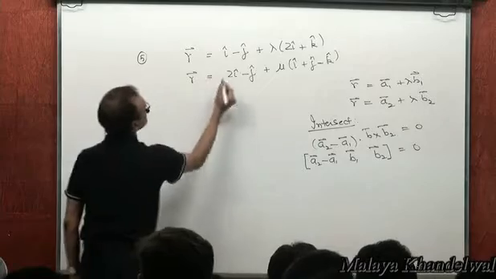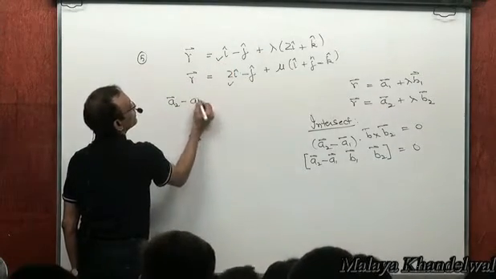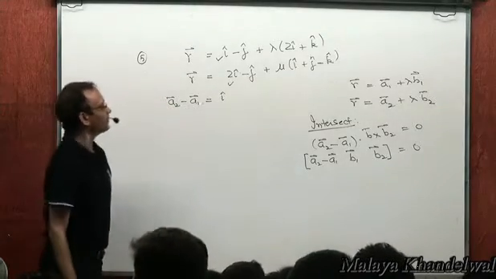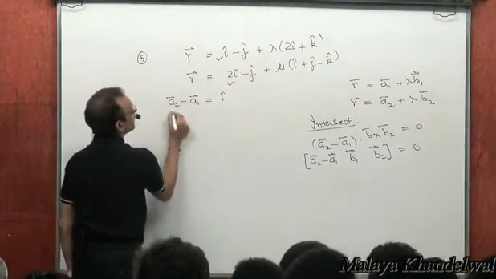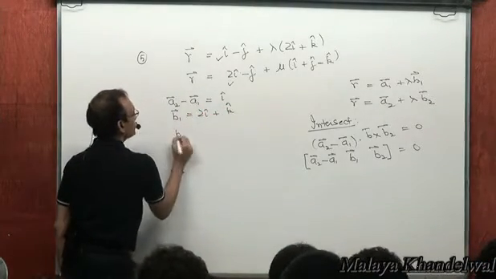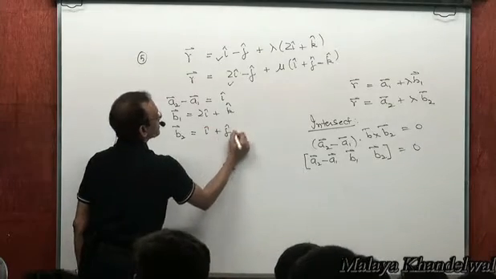What is a2 minus a1? Say this was a2, this was a1. So in this case, a2 minus a1 is simply i, and say b1 is 2i plus k, and b2 is i plus j minus k.